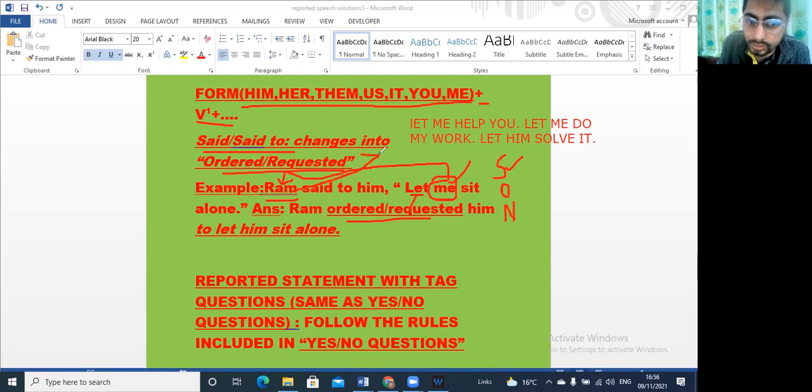Ram here refers to he, and the objective form of he is him. Now let's move downside to let him sit alone. Ram ordered or requested him to let him sit alone. Okay. Now let's move further on and let me clear out my rough work here.